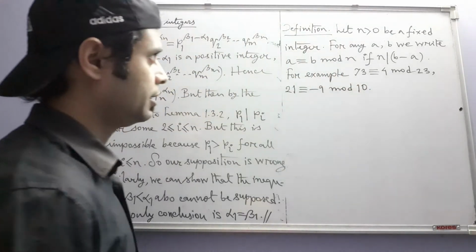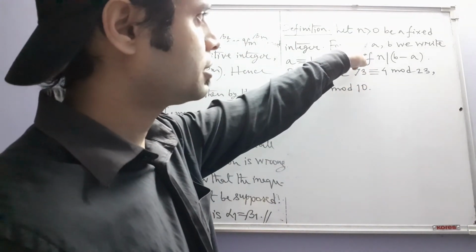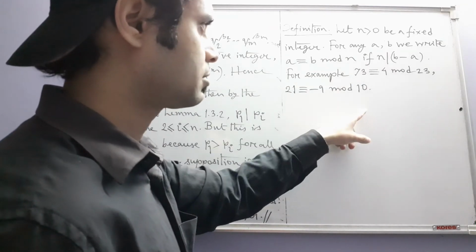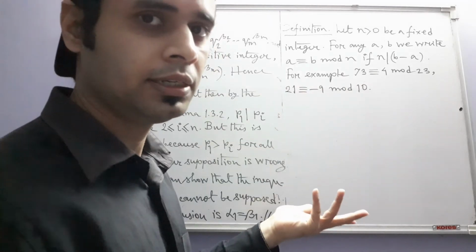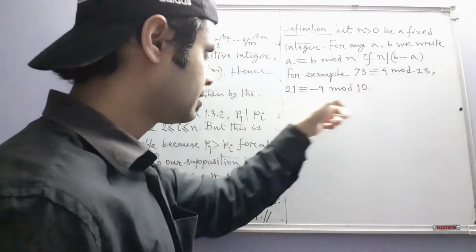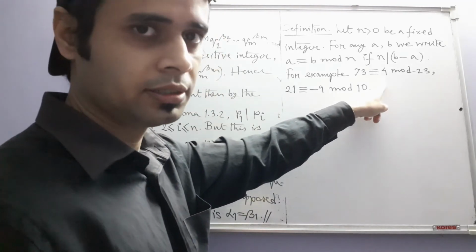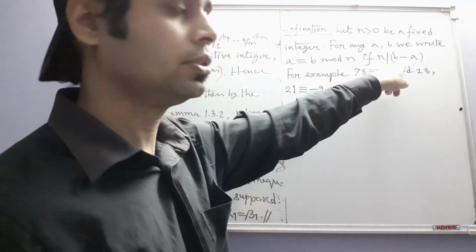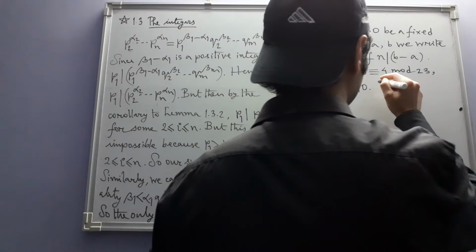Okay, so the n that we have here, that n has to be some positive integer, some fixed positive integer. Once you have fixed that, here in place of a and b you can have any integers. We can write like this, provided the difference of these two integers is divisible by this integer. That's the definition.